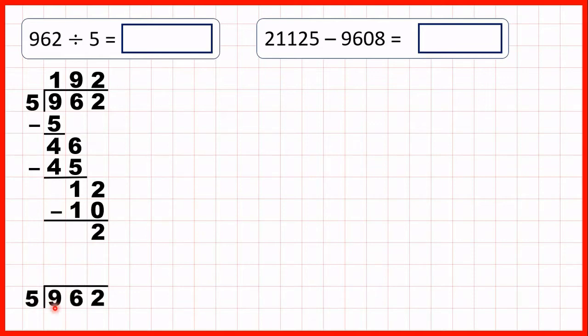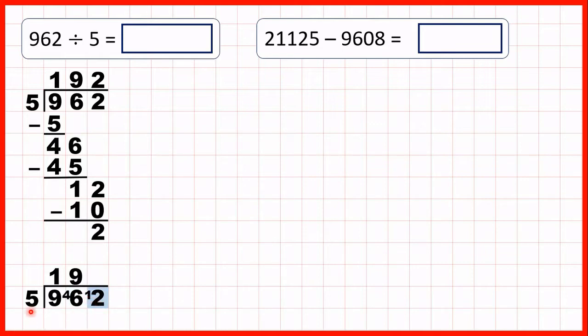We could also use short division. 9 divided by 5 is 1 remainder 4, because 1 times 5 is 5, plus 4 is 9. Now 46 divided by 5 is 9 remainder 1, because 9 times 5 is 45, plus 1 is 46.